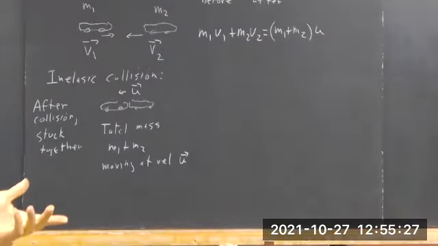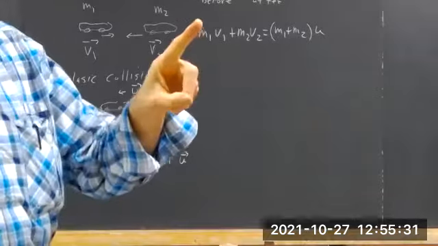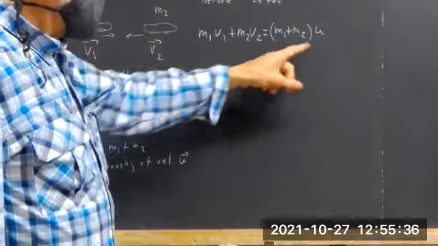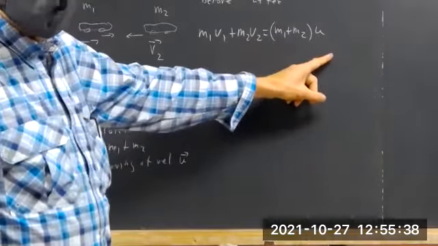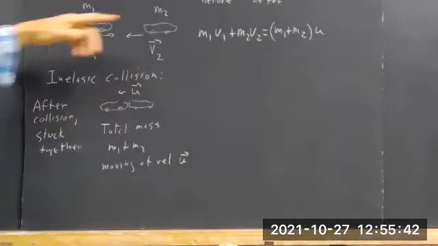Now, I don't have arrows over these because I'm going to assume this is in one dimension for the moment. So that these are just going to be signed numbers, positive or negative. This is the positive direction where I've got the arrows.